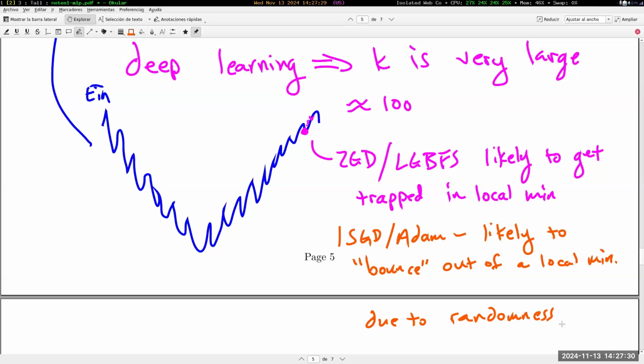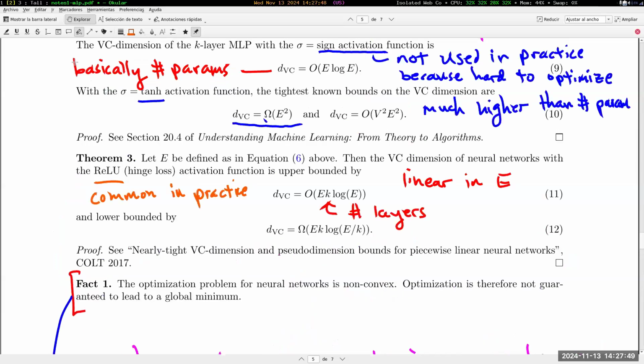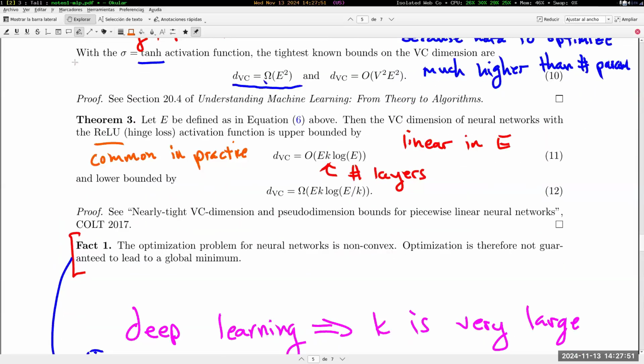This is a very, very high-level overview of these choices of optimization. We still don't have a good theoretical understanding of why SGD or Adam are able, in practice, to optimize these deep networks, these multi-layer perceptrons.